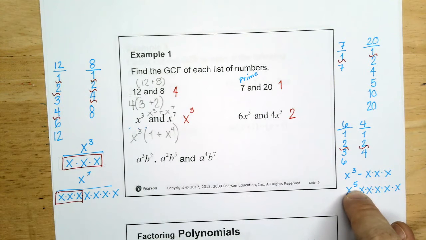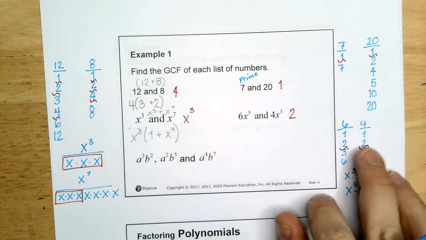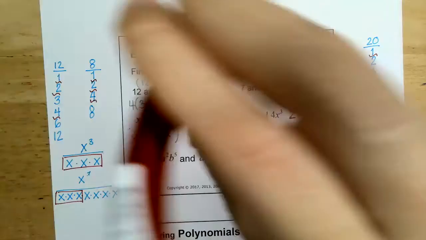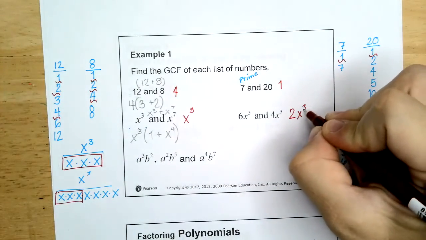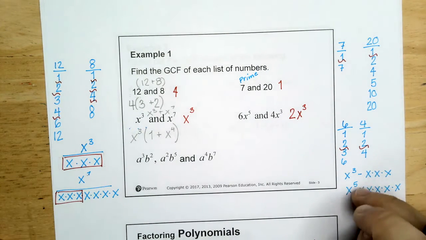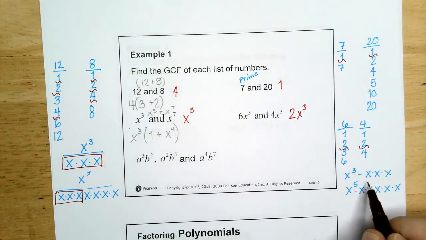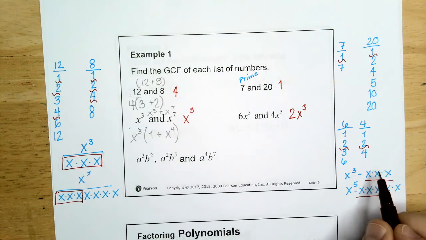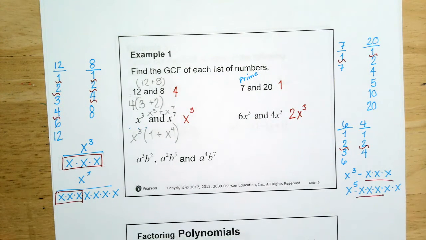What's the biggest number both of them have? It's 3, right? So I would say it's 2x to the third, the greatest common factor, the biggest number of x's you can put as common to both of them. 3 is common here and here. 5 is true here, but 5 is not true here, so we can only go up to 3.